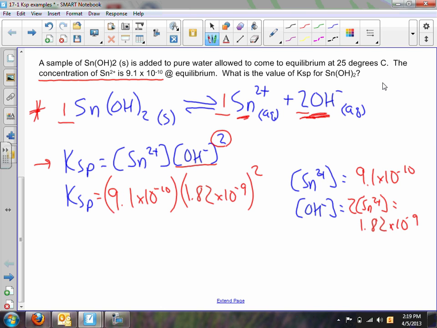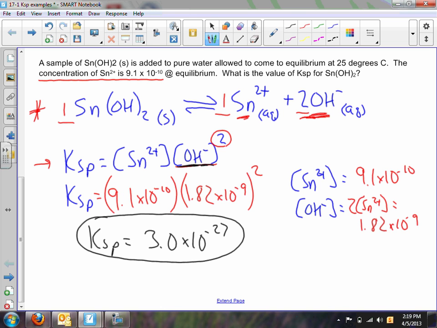Once I know it, I have to take that hydroxide and square it. When you multiply your tin times the hydroxide squared, you should end up with a value of 3.0 times 10 to the negative 27. Looks like there's 2 significant digits in the problem, so we want to have 2 in our answer. And that should be how to change concentrations into KSP.